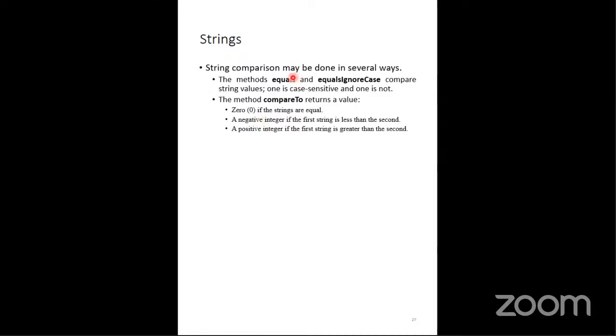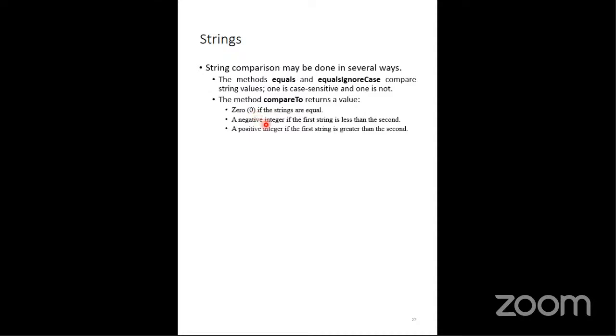Okay, whereas in equals and equalsIgnoreCase, it will simply check whether the content of the two strings is equal or not. So it will return true or false. Whereas in the case of compareTo, it doesn't return true or false. It returns an integer value. This integer value could be 0 if both the strings are exactly the same.